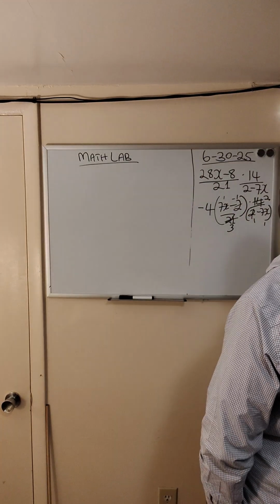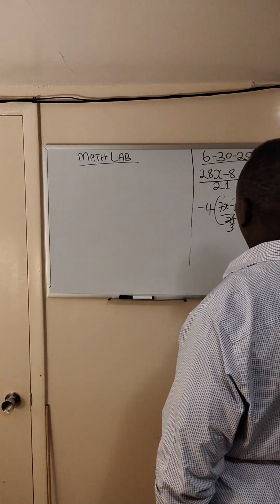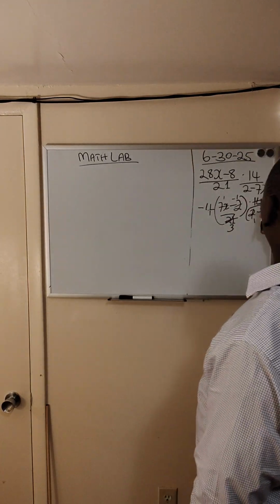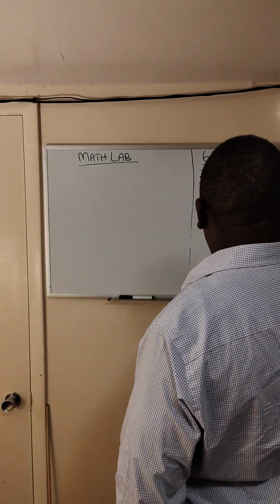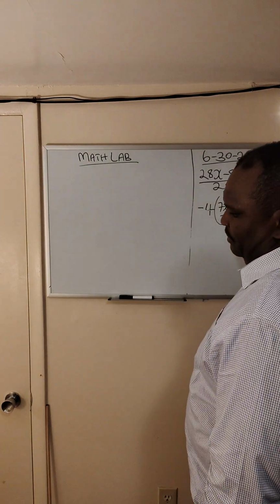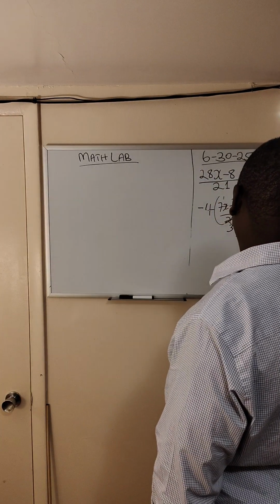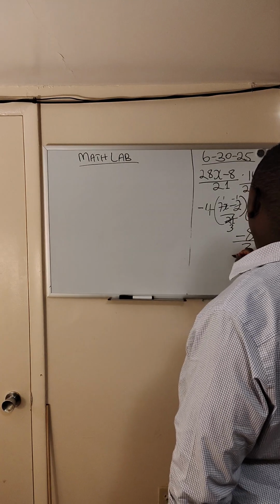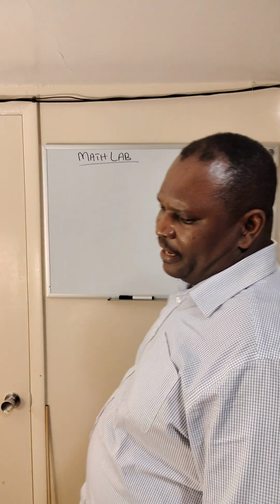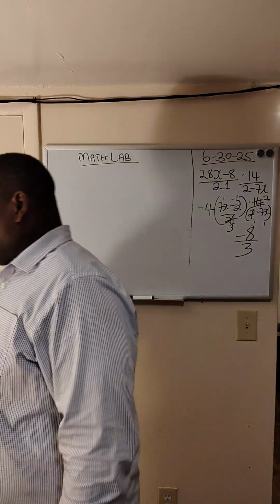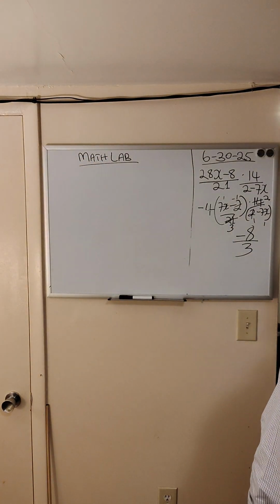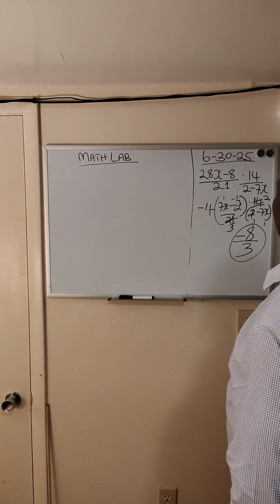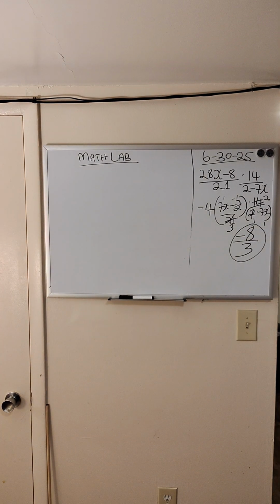What we have left is negative 4 multiplied by 2, and that gives us negative 8 over 3. So negative 8 over 3 is our final answer.